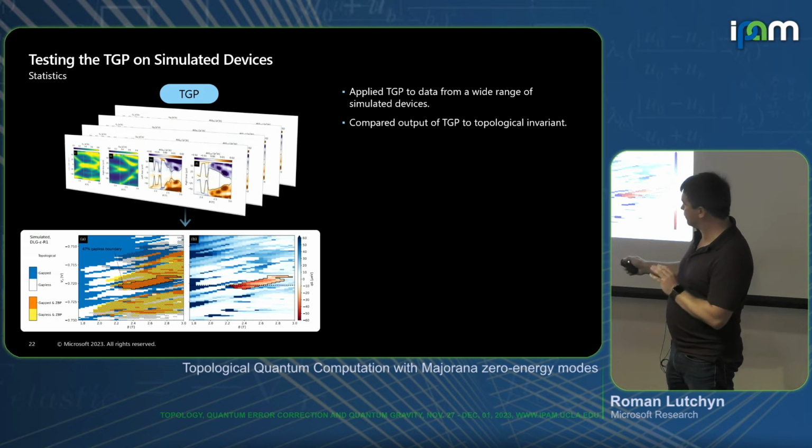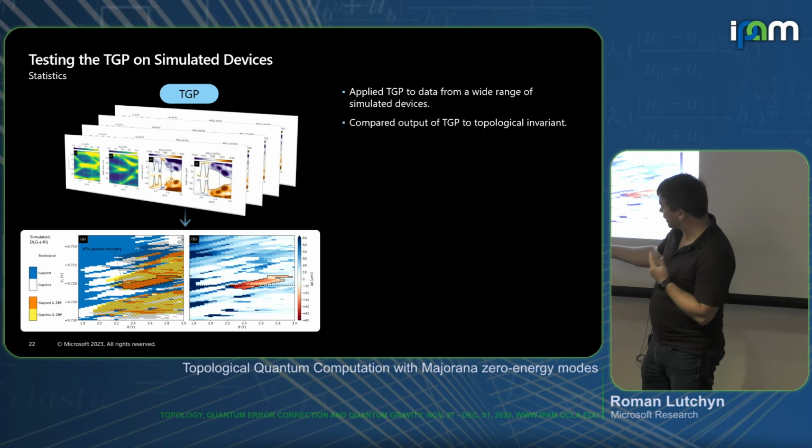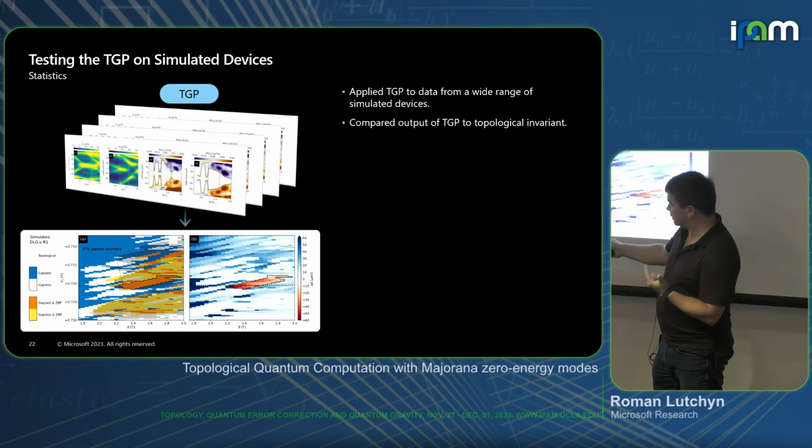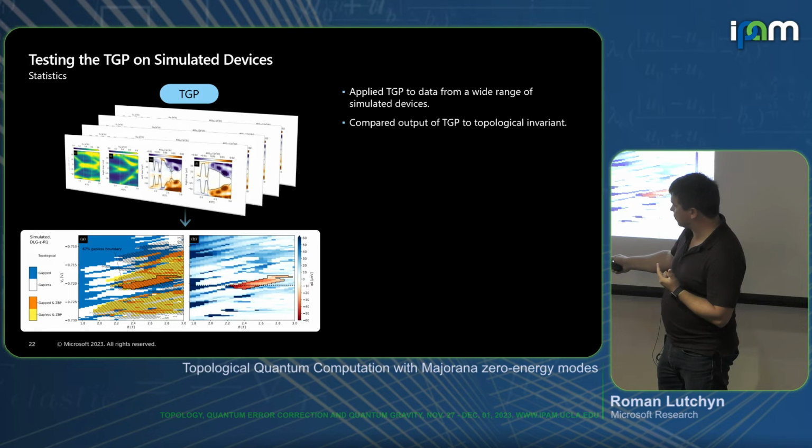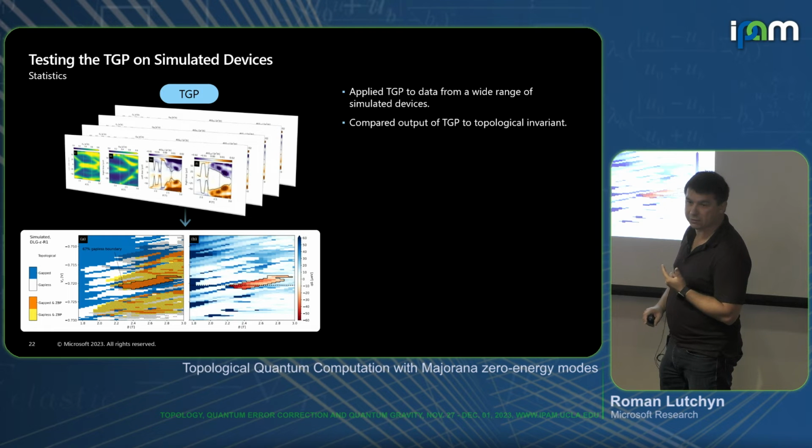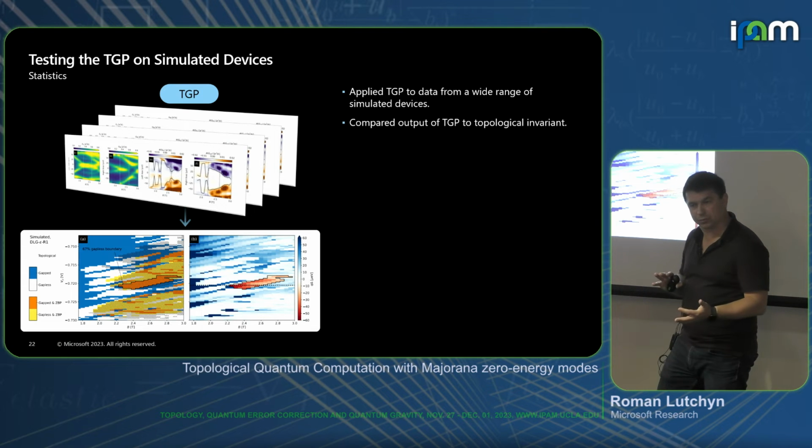So in this plot, you have results from stage one, right? Stage one will tell you, do you have zero bias peaks or not? So here the regions, yellow and orange, are the regions in which you have stable zero bias peaks. The blue and white tell you whether you have a gap or gapless state. So if you overlap them together, that's the total outcome of the TOPOGAP protocol.